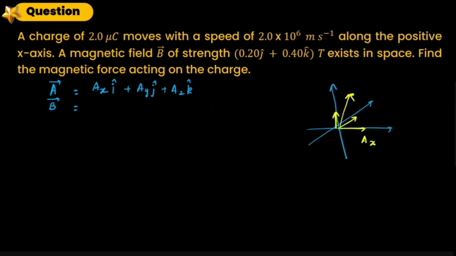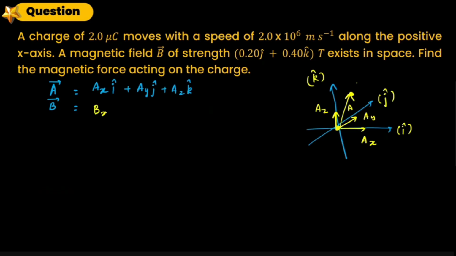The component along the x-axis can be represented by ax, along the y-axis by ay, and along the z-axis by az. And this is my actual vector. The ax component is represented in the x direction, which is i cap, in the y-axis we use j cap, and in the z-axis we use k cap. You will be seeing these vector things in the course for sure.